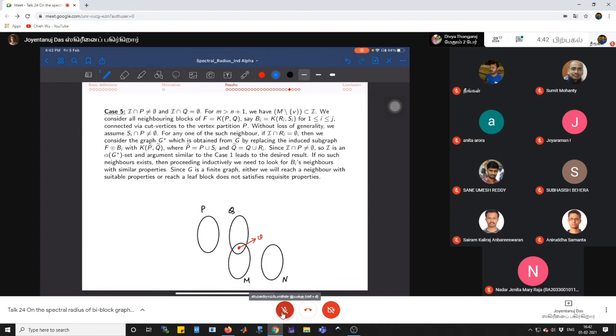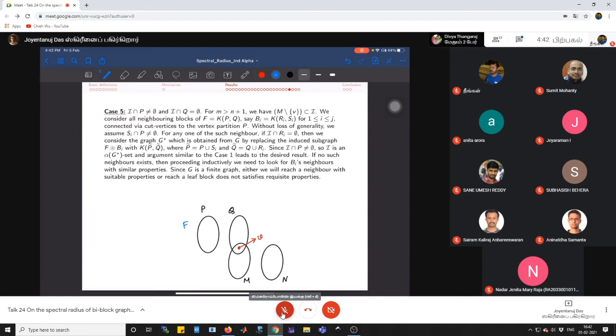So here we have that M minus V belongs to the independent set I. Now we consider all the neighboring blocks of F. If this part is the P comma Q, suppose there are J blocks, that is Bi, with partitions Ri and Si from 1 to J. And these are connected via guard vertices to the partition P.